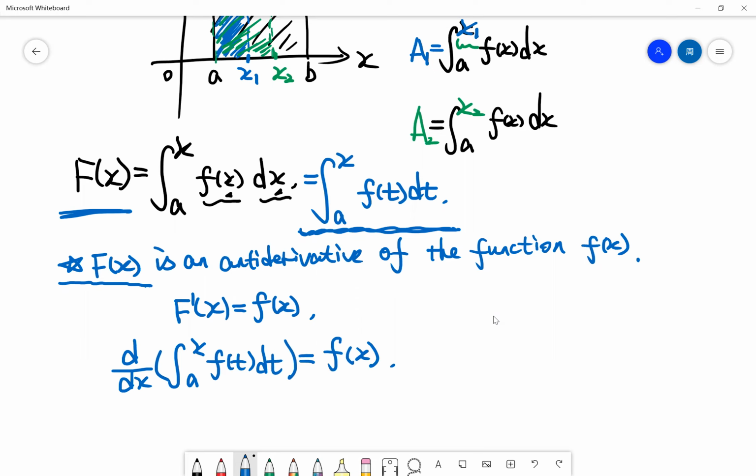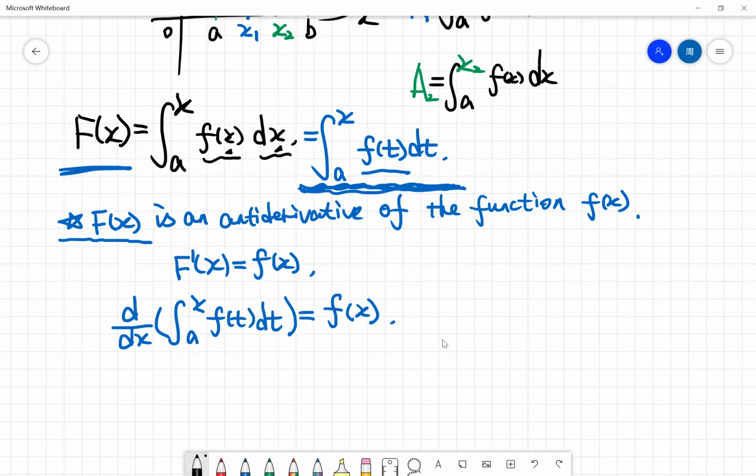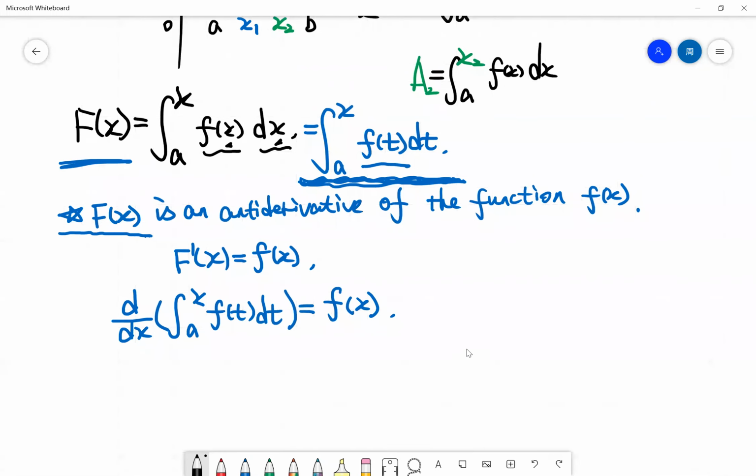So if I want you to calculate the derivative of this definite integral, you can just first find the integrand and then change the letter t to x. This is a very important property for this function, and you will use it later.